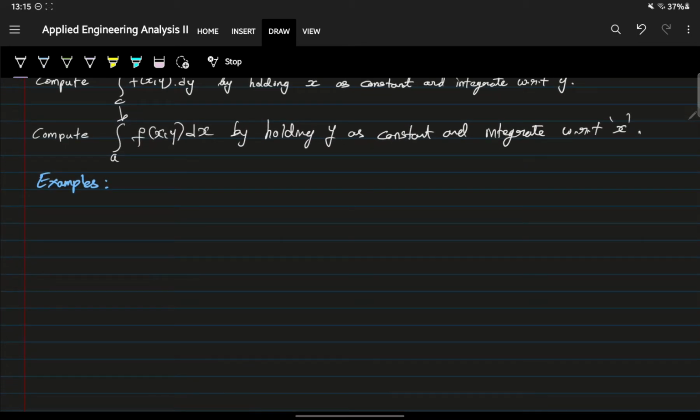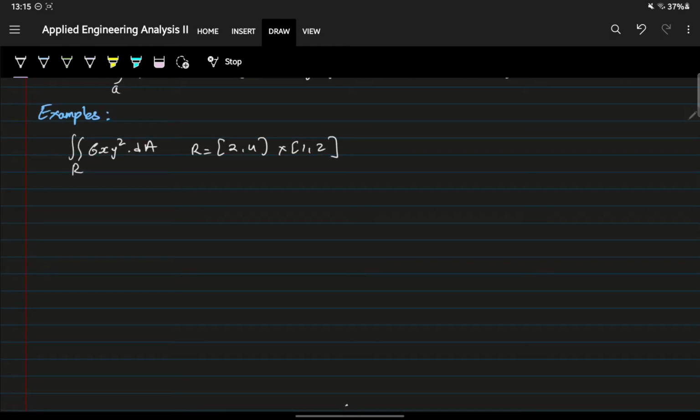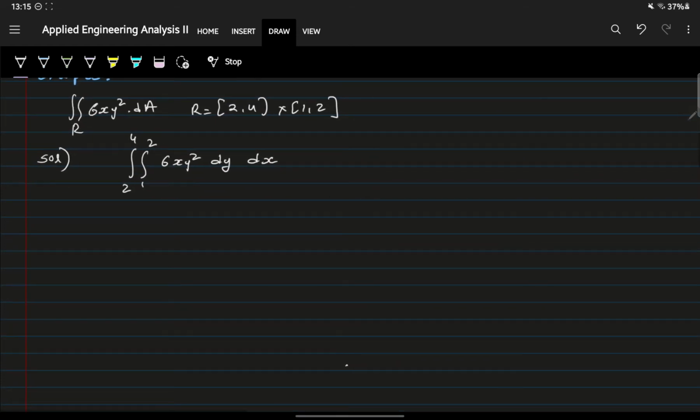Consider this function given to us with the limits 2 to 4 as the outer limits and 1 to 2 as the inner limits, for the inner differential dy and the outer differential dx. So let's solve this.